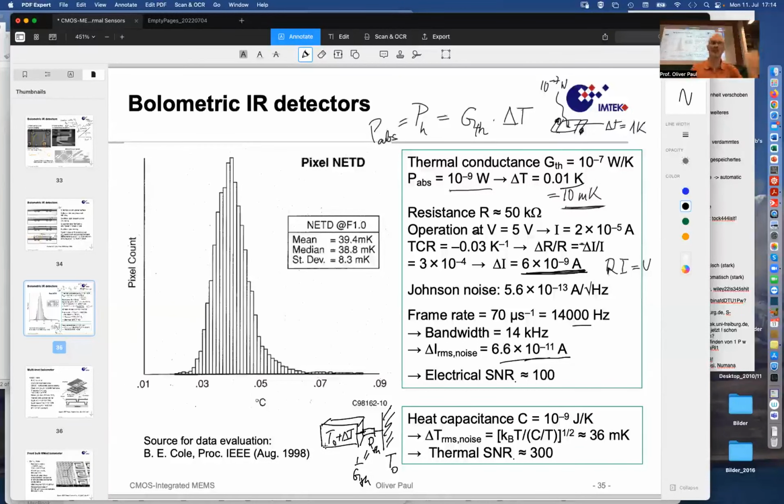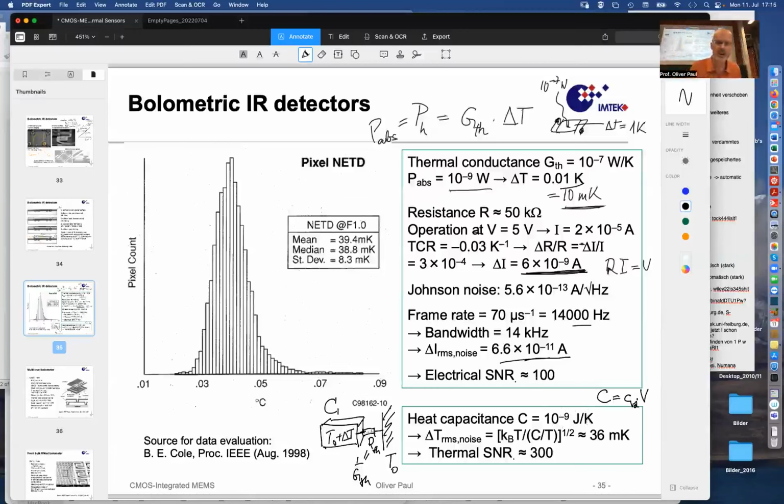And that temperature fluctuation has something to do with its heat capacitance, C. The heat capacitance is equal to the volumetric heat capacity, specific heat capacity, multiplied by the volume of the object. And for this little pixel with its thickness of 2 micron and 50 by 50 micron in size approximately, I estimated something like 10 to the minus 9 joule per Kelvin.